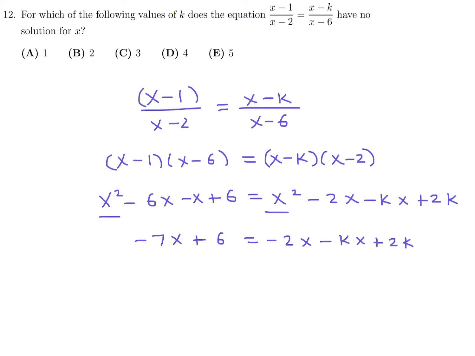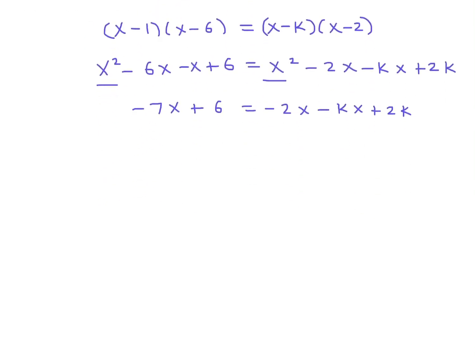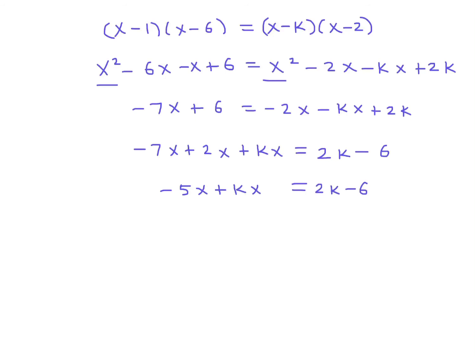So far so good, no mistakes. So minus 7x, bring the 2x over, and I guess bring all the x's over, so plus kx. And then over here you'll have 2k minus 6. And this becomes minus 5x plus kx, 2k minus 6.